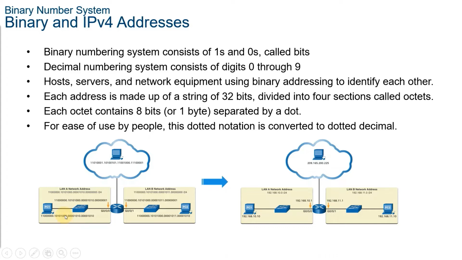Basically, this one here is a representation in binary, while the figure on the right is a representation in decimal, or dotted decimal. This is the binary equivalent of 192.168.10.10, represented on this 32-bit string.